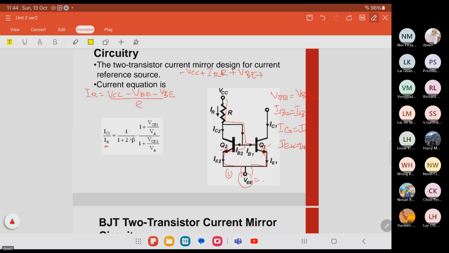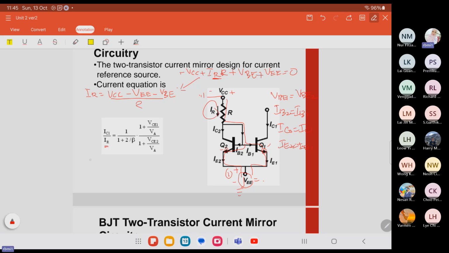Plus VEE equals 0. Why is this one plus? Because we connect to the positive side here, and then negative will go to ground. Same goes here. Positive, negative goes to ground. Okay. So when we put this IR on one side and all the other components on the other side, then we can have these expressions in order to get the IR value.